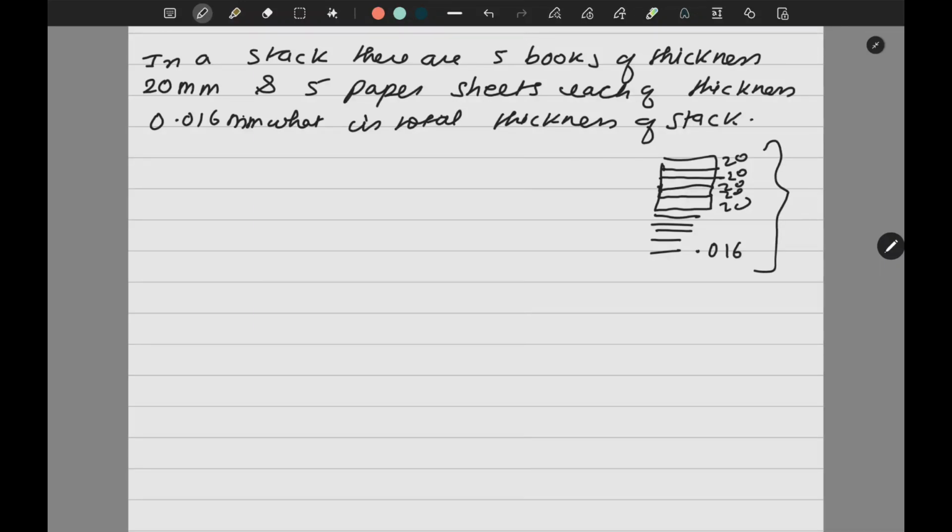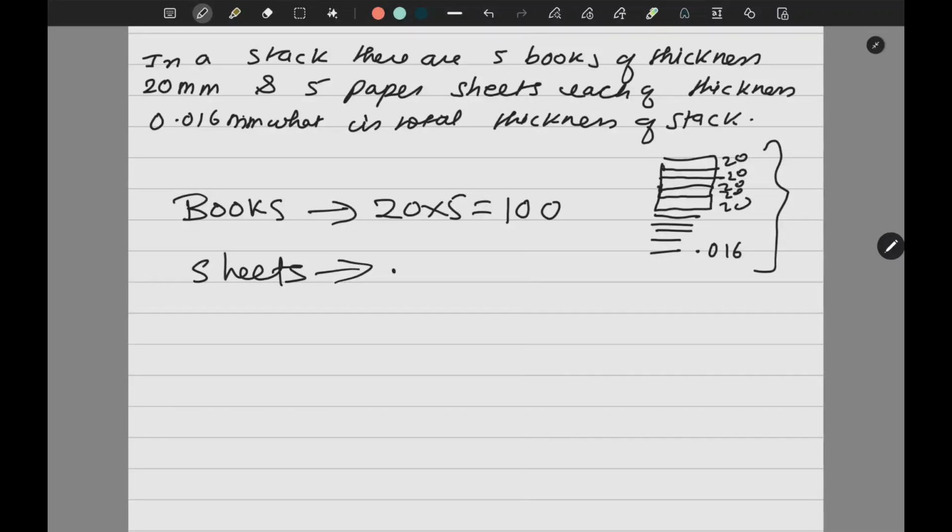So now, what I will say is the thickness because of books, you should write the statement also, is 20 into 5. So 5 tens, 100. Okay? Then thickness because of sheets. So 0.016 into 5.